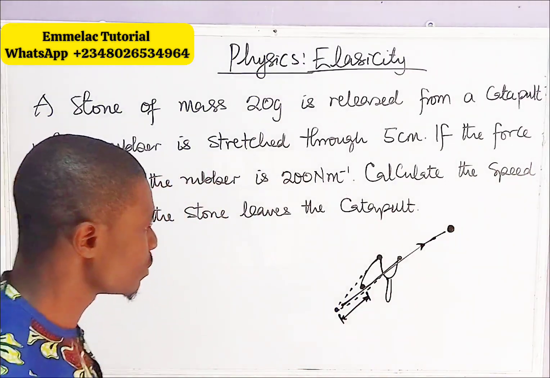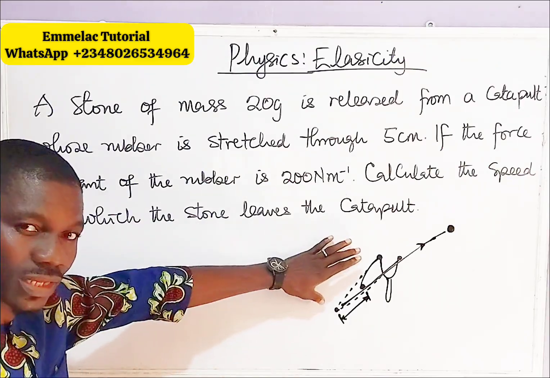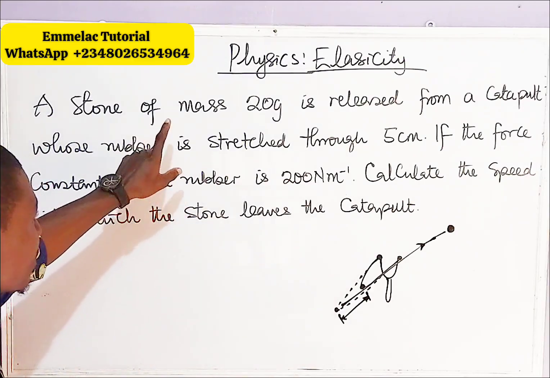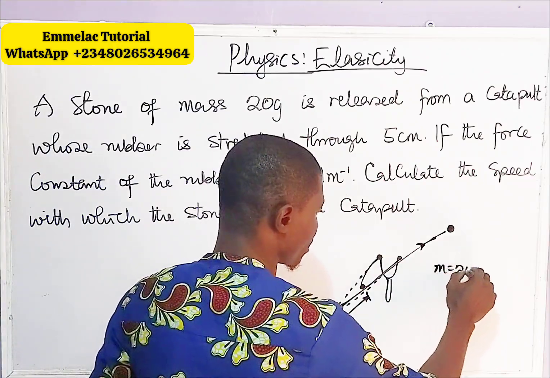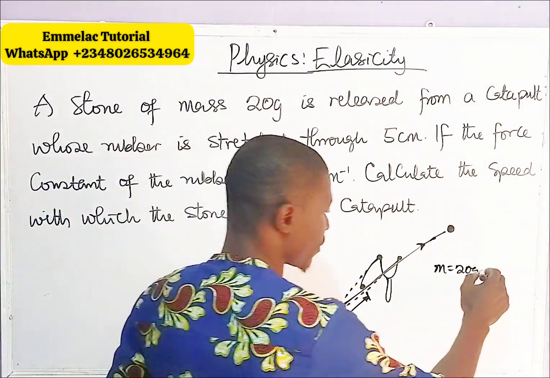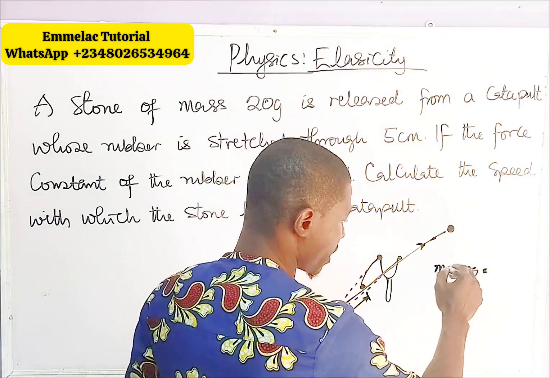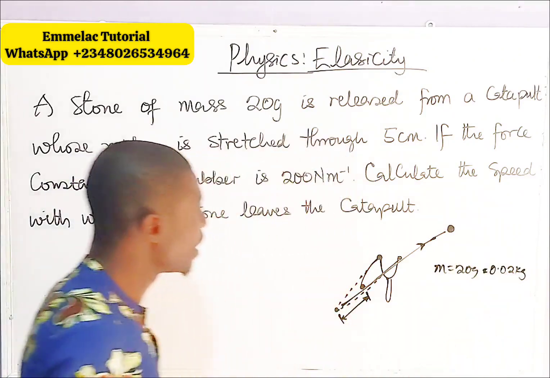Okay, now take note again, but before then, now that we've gotten a bit of what the question implies, let us write the parameters. We have mass to be 20 grams. We need to change this to kilogram, which means we will divide by 1000. That will be 0.02 kilogram.